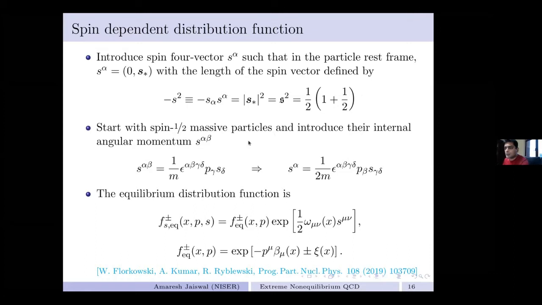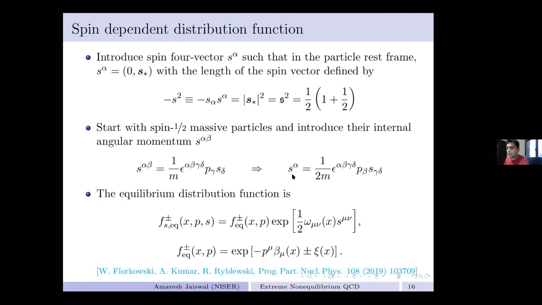Now we start with spin half massive particles and introduce their internal angular momenta, S^{αβ}, which we can construct by using the spin 4-vector and the particle momentum. Once we have constructed this, we can of course construct the dual of this, and we know the normalization of S^α.